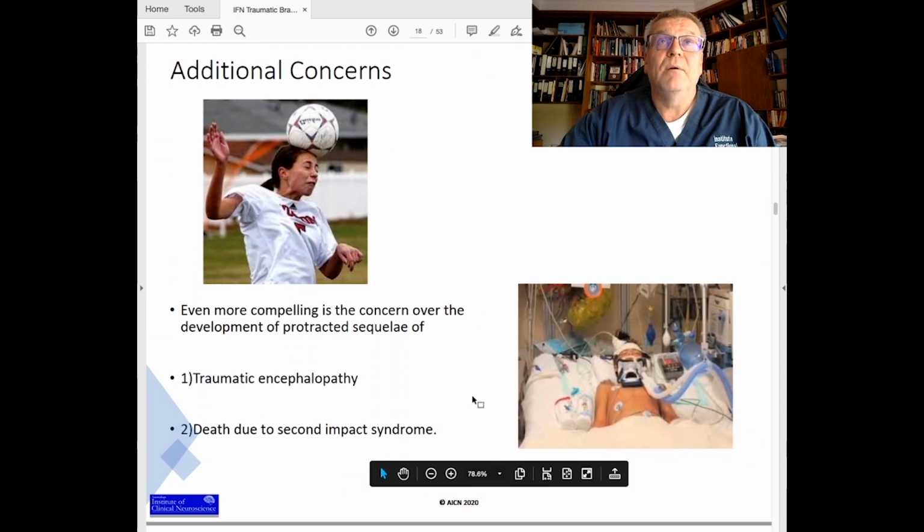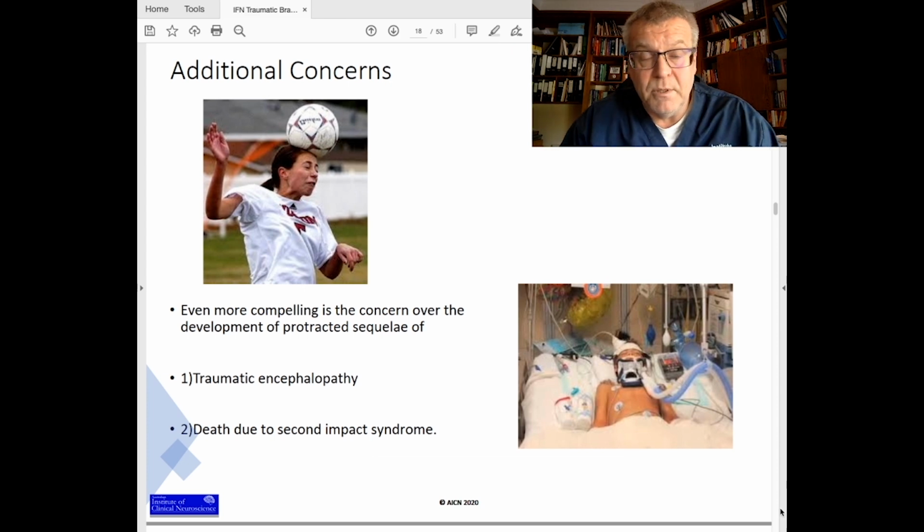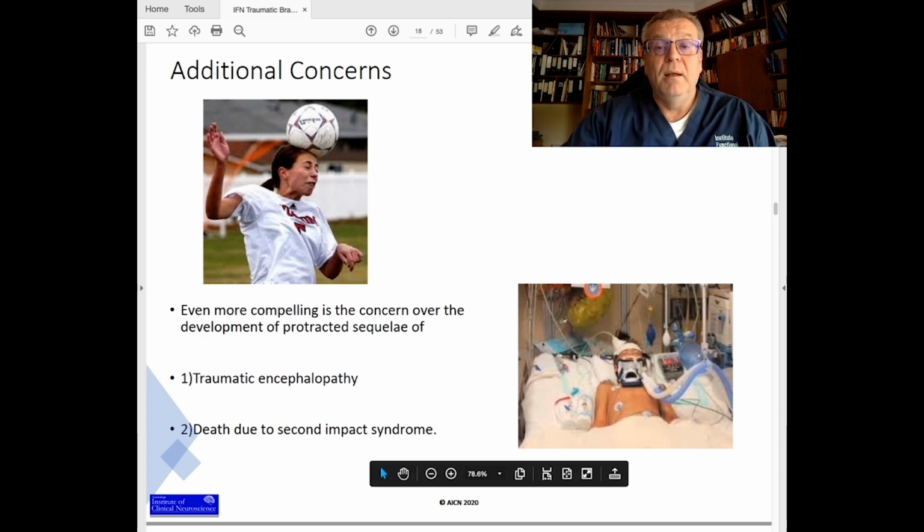So additional concerns now with the types of injuries that can happen with repetitive concussions, repetitive head injuries, are quite severe. And they involve traumatic encephalopathy and death due to second impact syndrome. Now, death due to second impact syndrome is rare, but it does actually happen.